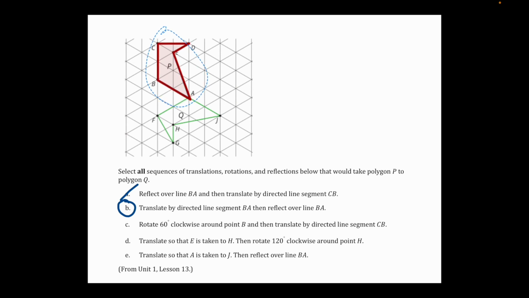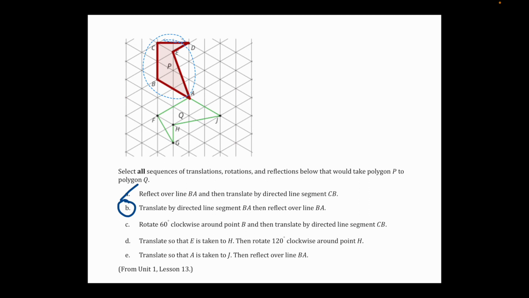Let's move this back to its right spot where it's going to start out so we can test the rest of these. C says rotate 60 degrees clockwise around point B and then translate by directed line segment CB. So directed line segment CB is still this vertical right here. It's basically 1 unit, 2 units straight down. So I can rotate. It's a little hard to do a center of rotation here.